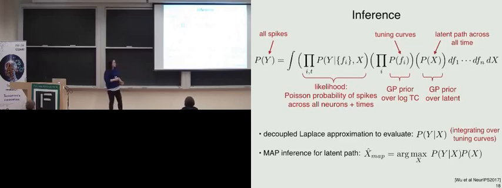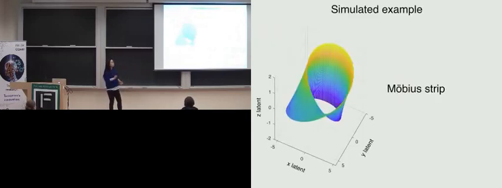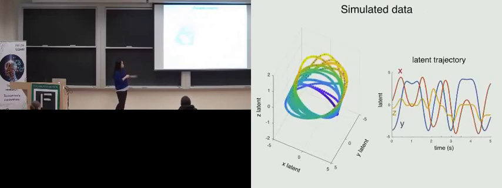Okay. So before I get down to a real data example, I want to show this simulated example, which is kind of fun. The true three-dimensional manifold is this Mobius strip. It's interesting because the latent, the third dimension, is not really like a cylinder or a ring. It's actually pretty complex. So here we generate the latent X from the manifold.